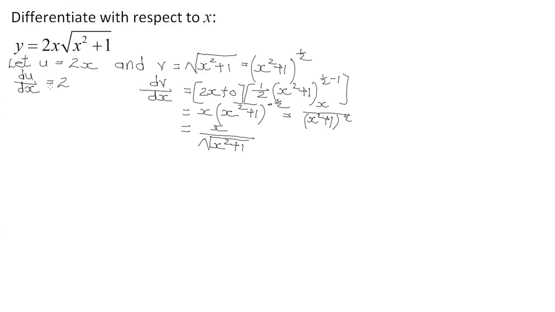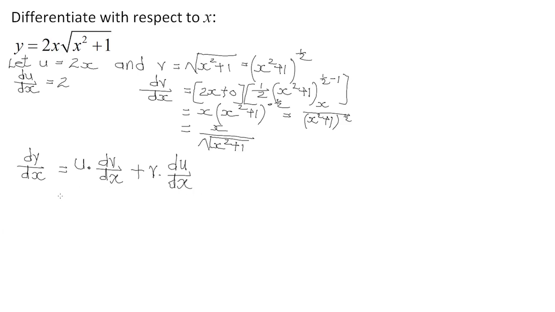I go now to my formula sheet. dy/dx, formula number 8. That is u times dv/dx plus v times du/dx. People, in short, it is the first times the derivative of the second plus the second times the derivative of the first.